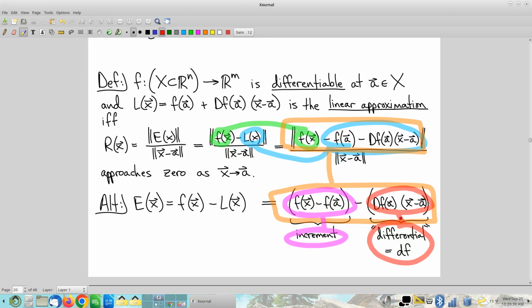So you can think of this again as actual value minus estimated value, or as actual change minus estimated change. Take your pick. They both make sense, and of course they're totally equivalent.